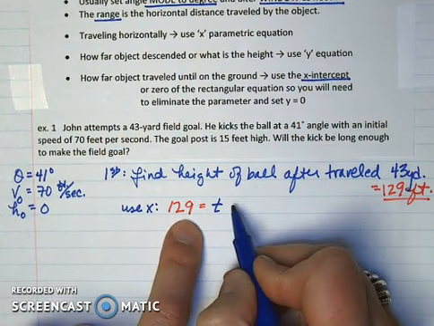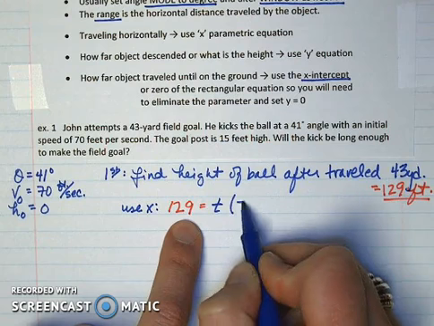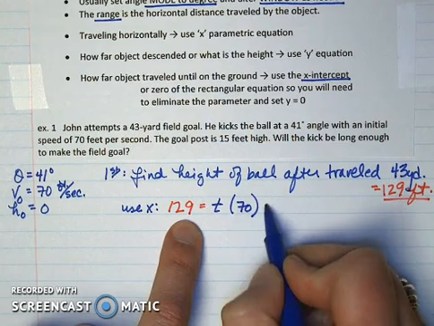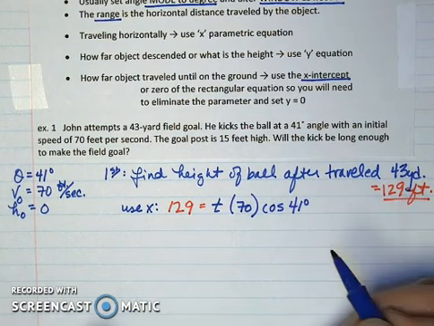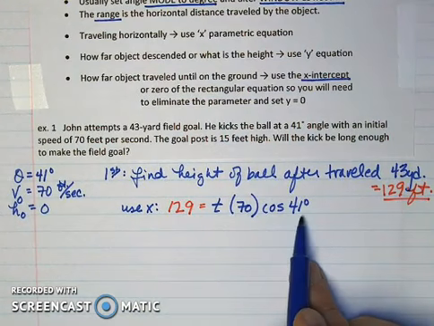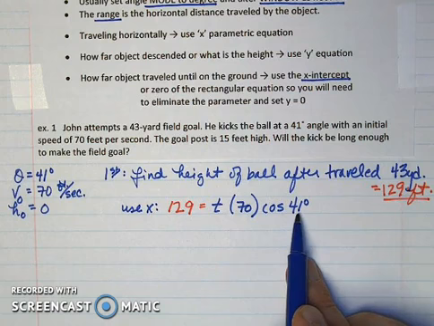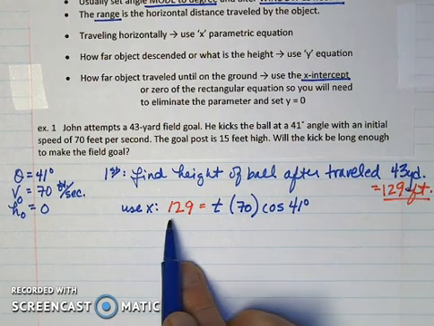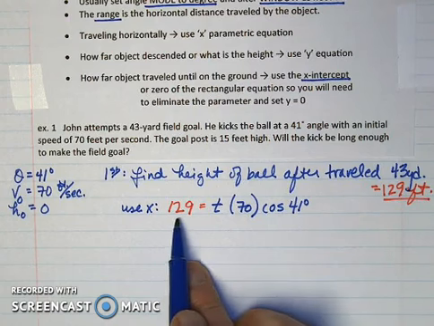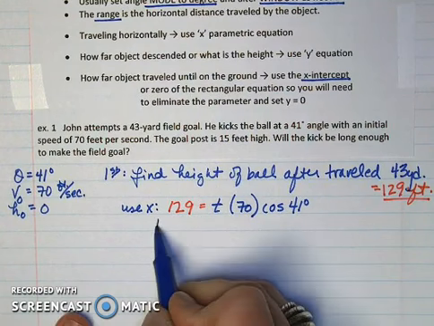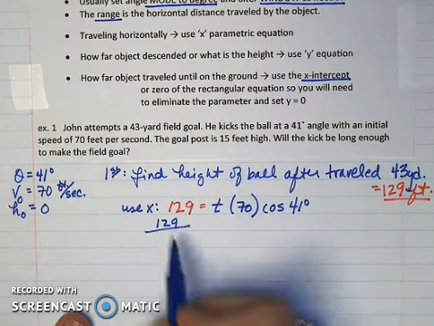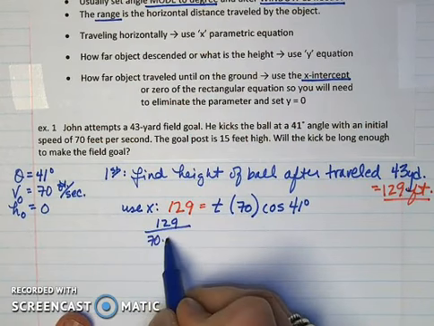So t times my velocity of 70 and cosine of 41. Now, you put this in the calculator. You need to make sure you're in degree mode, obviously. And I'm going to take 129 and divide it by 70 times cosine of 41.